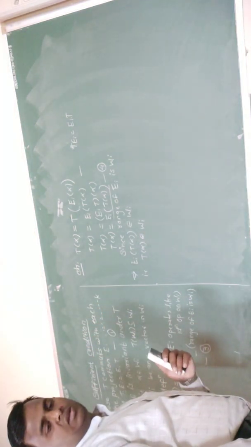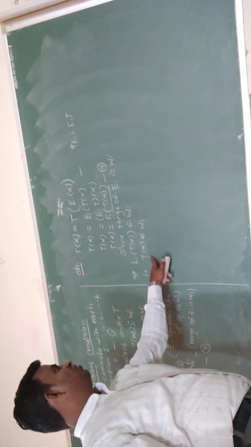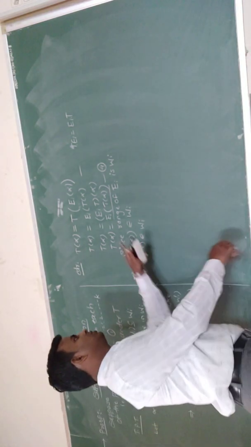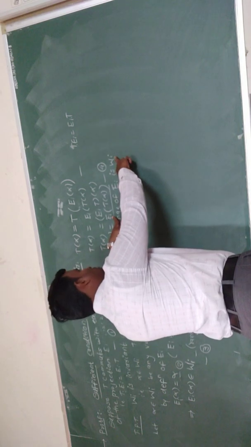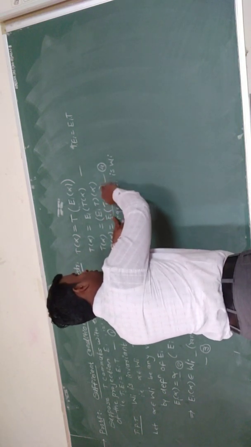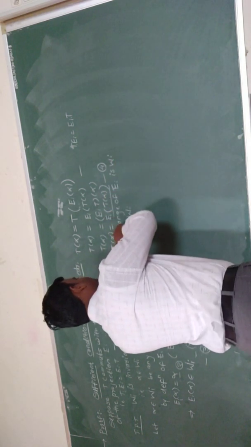T of alpha belongs to W_i because the range of E_i is W_i. Hence, this term goes in W_i, which is equal to T of alpha.